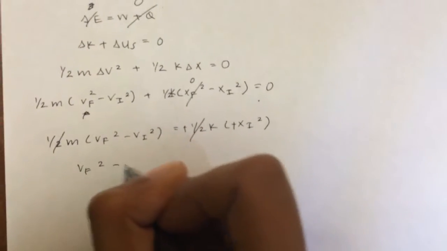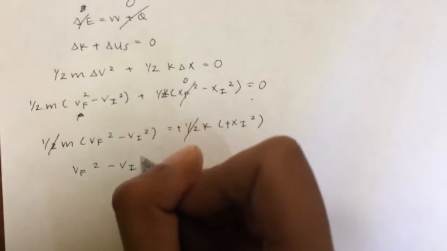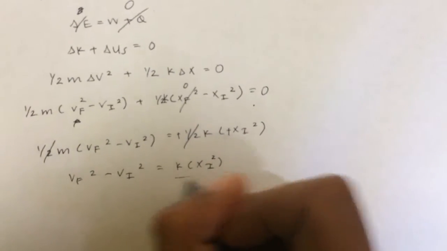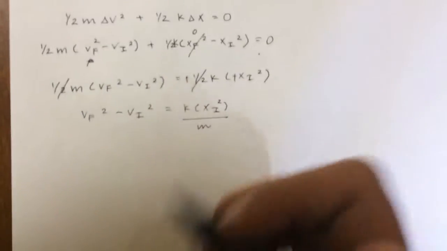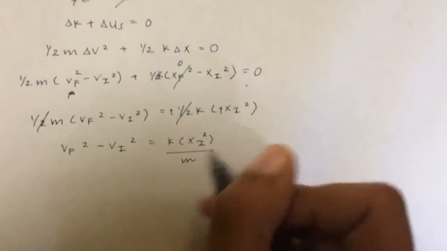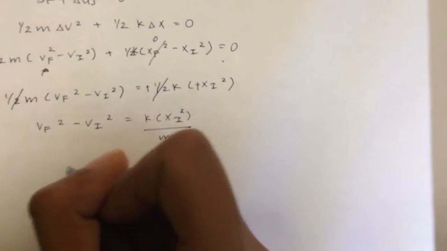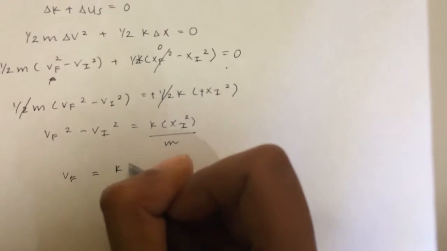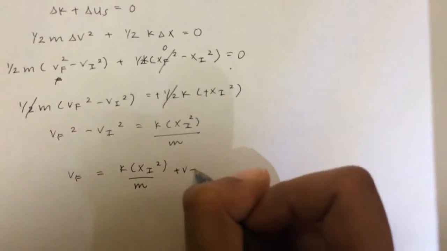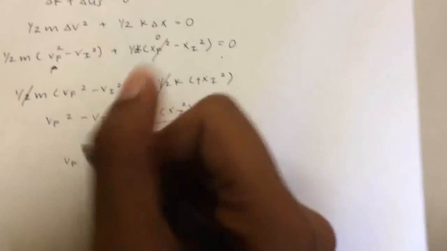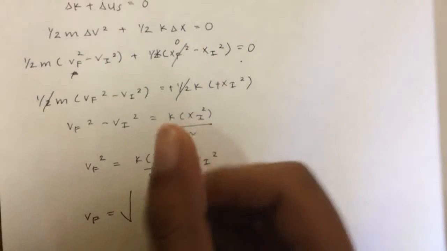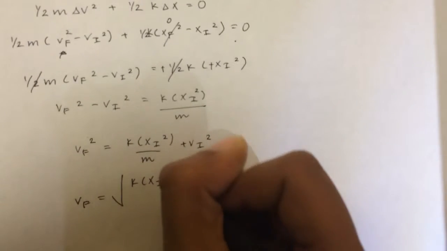And now we're just going to divide both sides by m. Now, what we can do is just move this over, so add v initial squared to both sides. Now to solve for v final, our last step is just to take the square root.